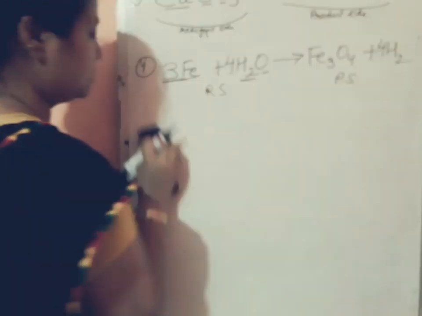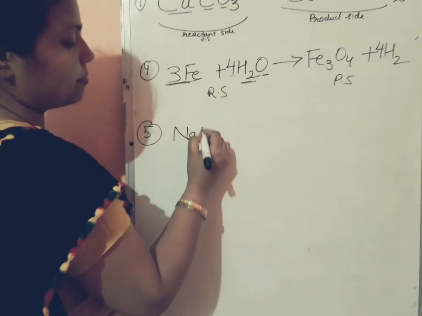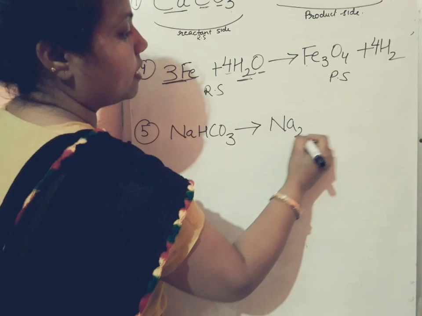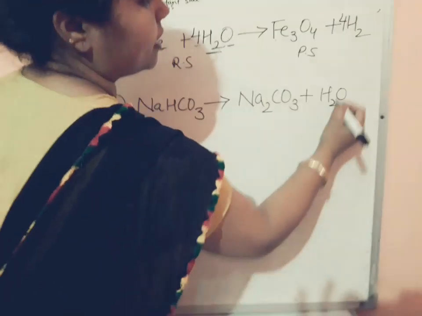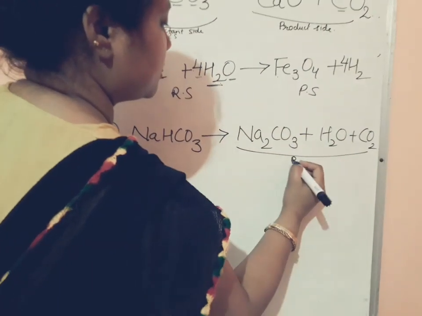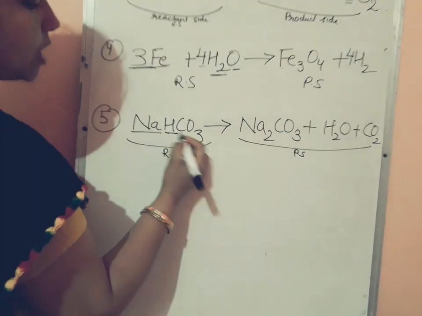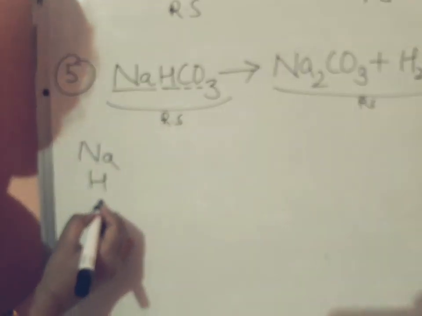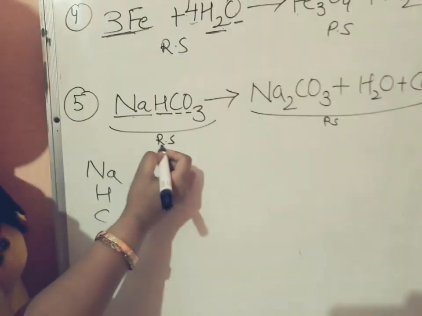Next example. Sodium bicarbonate. When it decomposes, it will form sodium carbonate, water and carbon dioxide. This is the product side and this is the reactant side. How many atoms? Sodium, hydrogen, carbon and oxygen. There are 4 atoms. How many sodium are there? On the reactant side, 1.